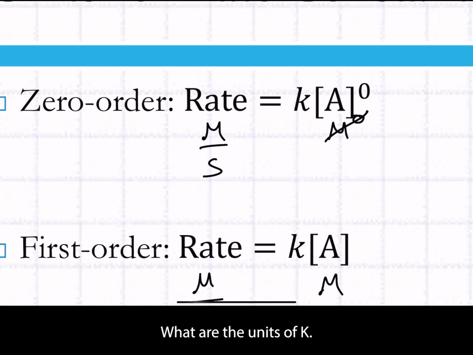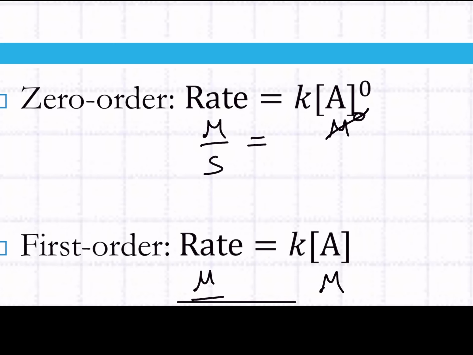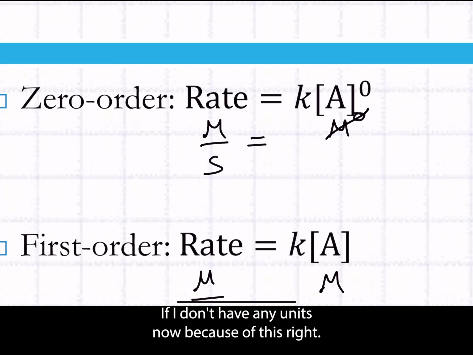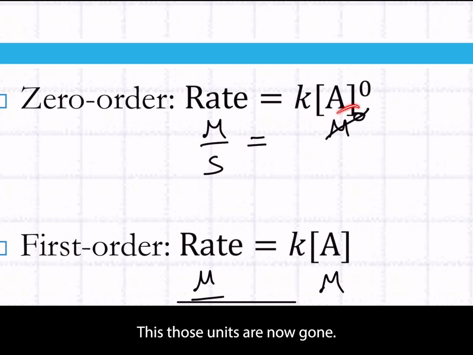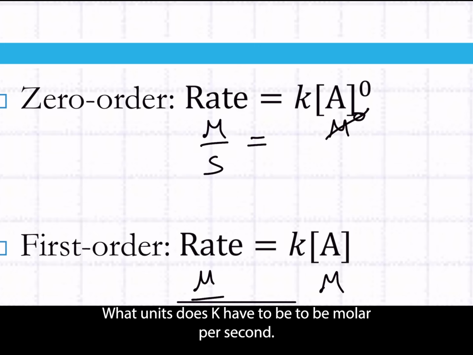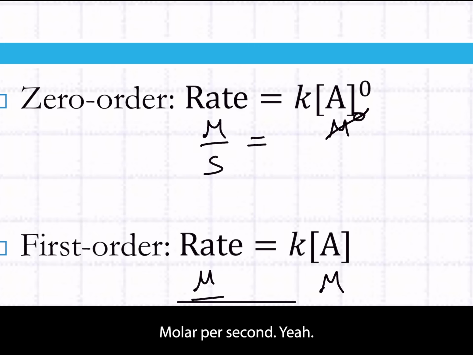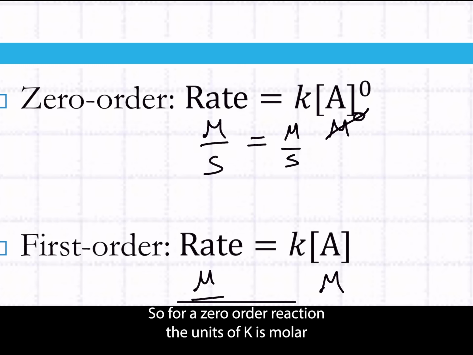What units does k have to be? Molar per second. So for a zero order reaction, the units of k are molar per second.